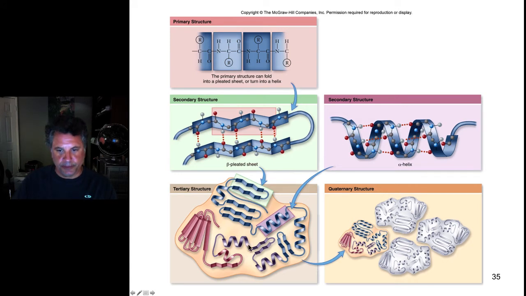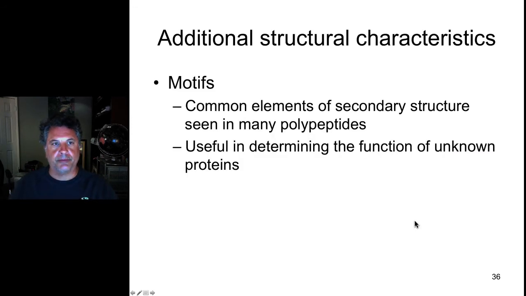Tertiary structure would be the overall shape of a single polypeptide chain. And so the tertiary structure might have beta sheets in it, alpha helices, loops that connect the various secondary structure elements. These here are loops. But the overall shape of the protein chain is referred to as tertiary structure. And finally, quaternary structure is when you have more than one protein subunit coming together to form a functional protein.